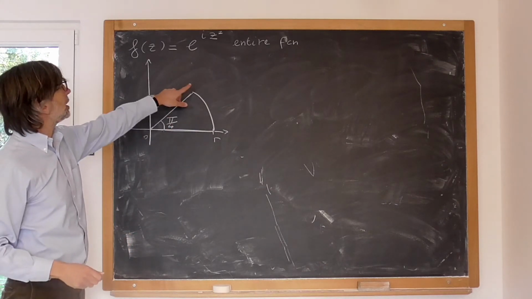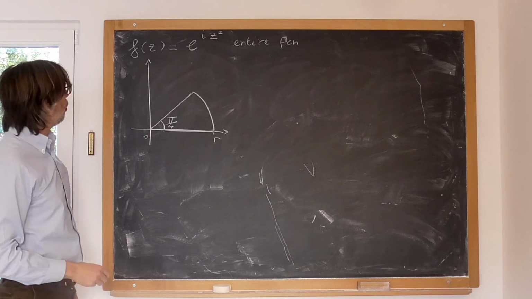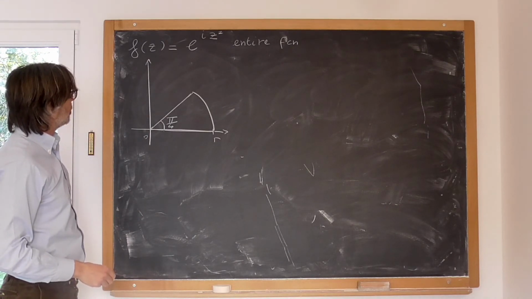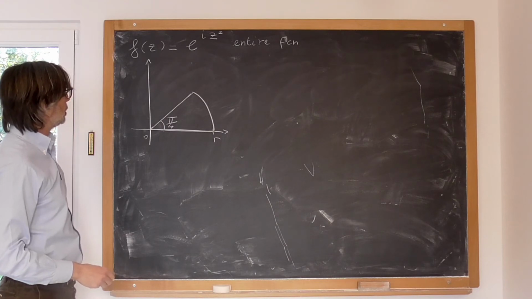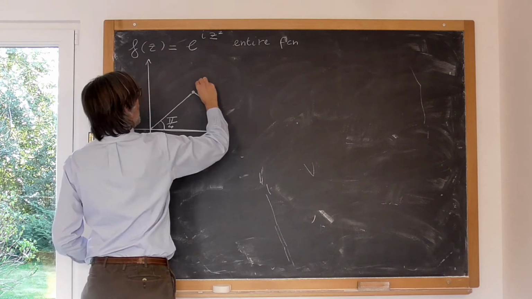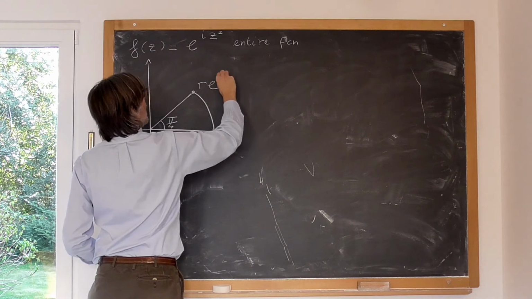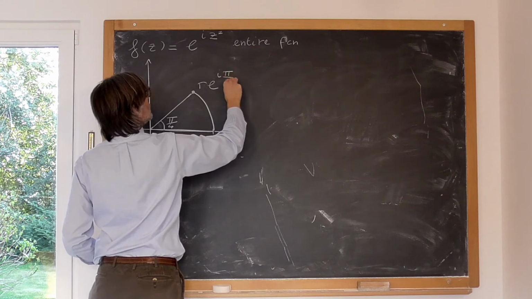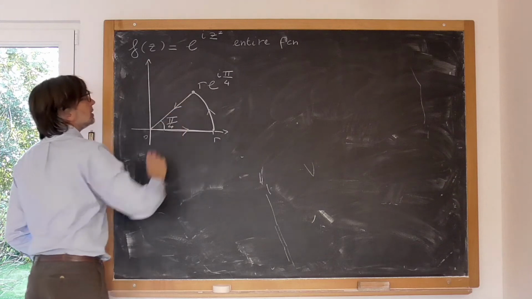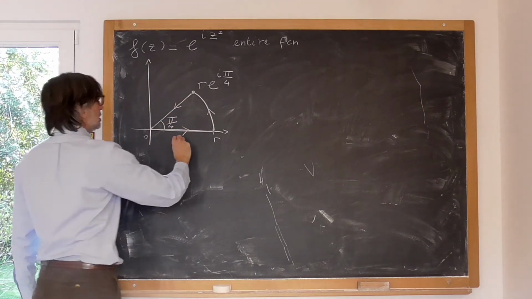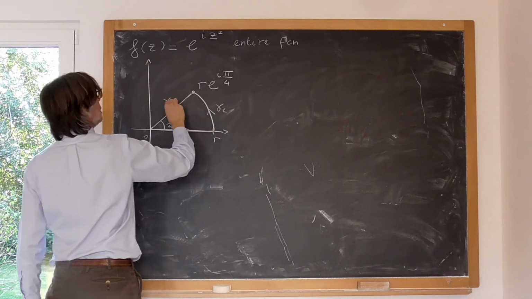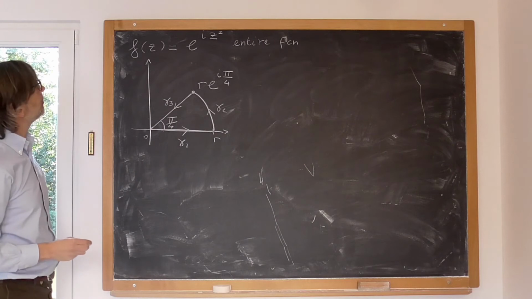So this is 1/8 of the whole disk of radius r. In other words, this point here is r times e to the i pi over 4. And as usual, the contour is parameterized in this way, and these pieces are called gamma 1, gamma 2, and gamma 3, and the whole contour is called gamma.